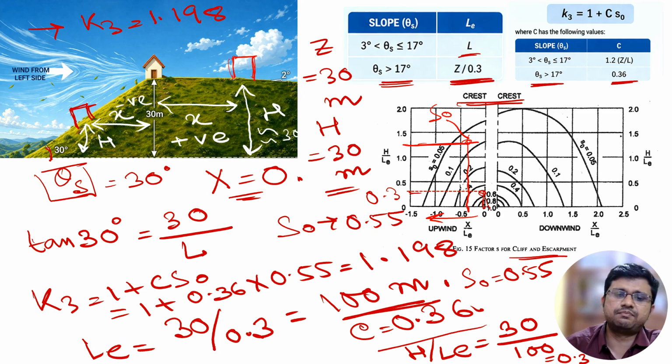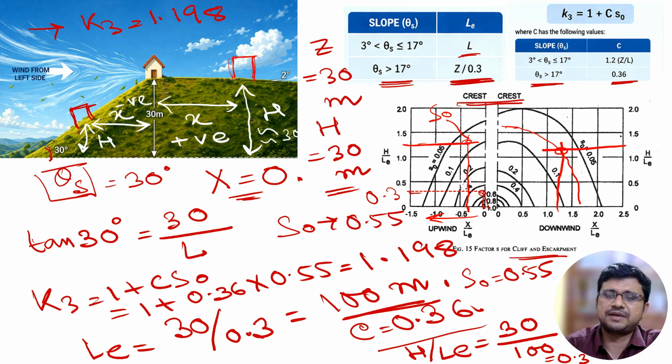So now by using the values of H by LE and X by LE, we can also get the value of S0 in the downwind slope. Like here for a particular line, if two values are known to us, by taking a curve in between, like this, we will get the appropriate value of S0.